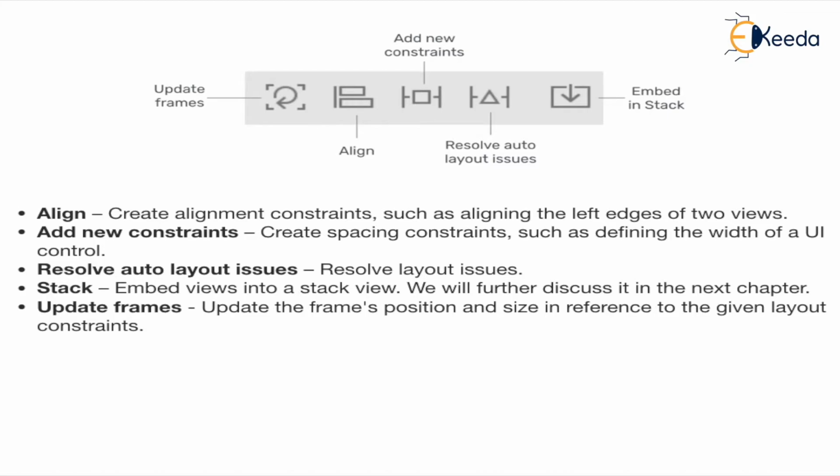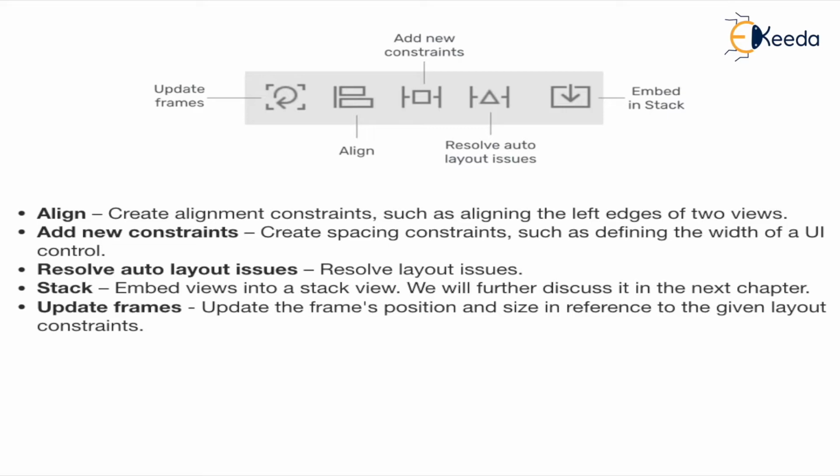Now, to design your application using constraints, again at the bottom of Xcode one sub part is available. In this part you can see various options for constraints: add new constraint, update frames, align, resolve auto layout issues, and embed in stack.